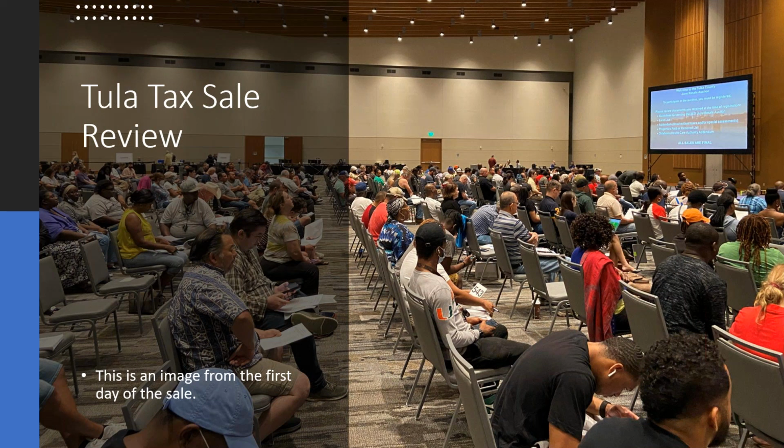Because of it, properties were bidding up to more than, or close to, value. We actually wanted to buy some recreational property out there for our personal use, but we weren't going to pay market value for a tax sale property where we're still getting a clouded title, in a sense.